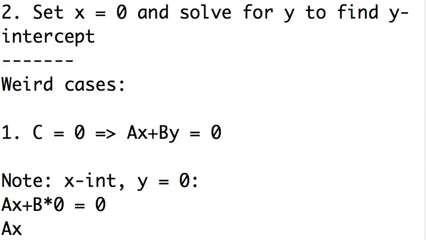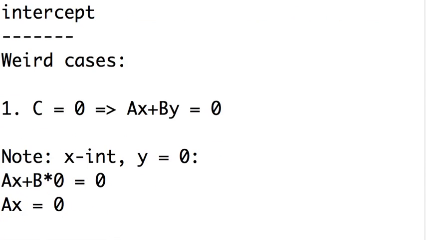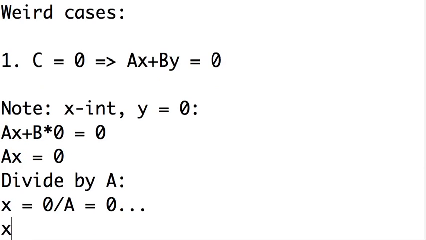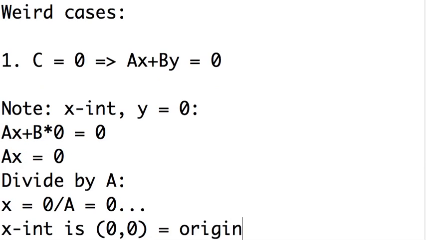So ax is equal to 0, and we can divide by a, since a is non-zero, because not both a and b can be 0, so I get x is equal to 0 divided by a, which is equal to 0. So that means that the x-intercept is 0, 0, which is the origin.